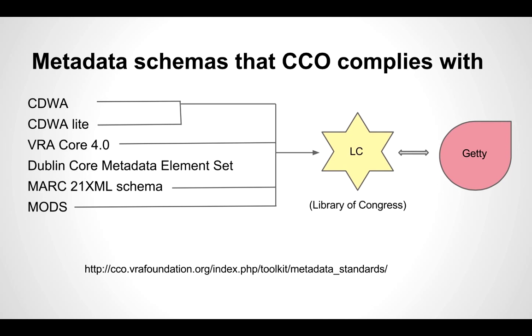All of these pretty much correlate with the guidelines of the Library of Congress and are government-based. Dublin Core Metadata Element Set and the CCO are not government-based, but all of them comply with one another.